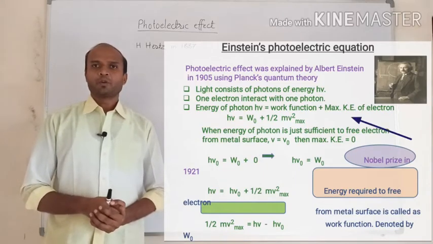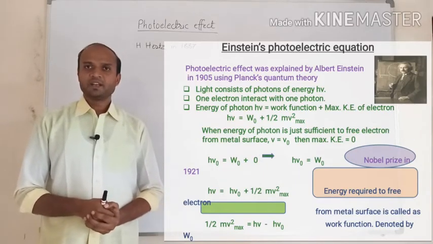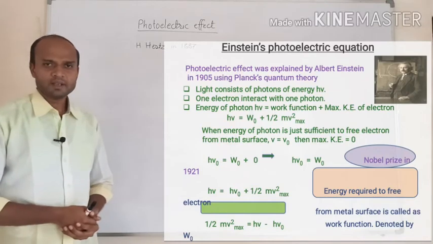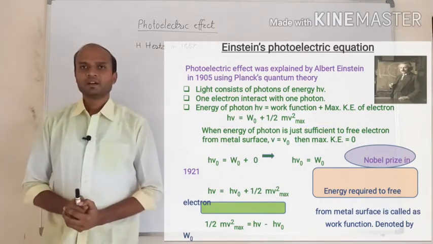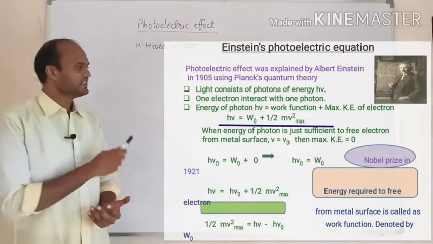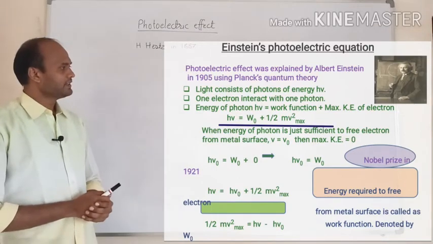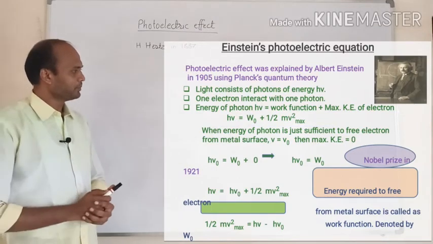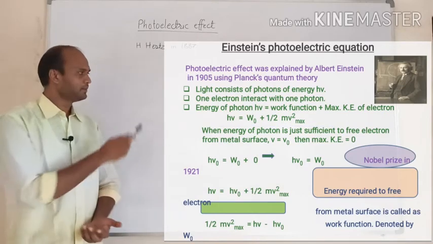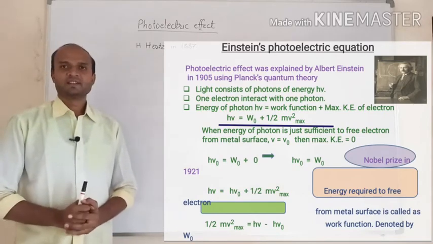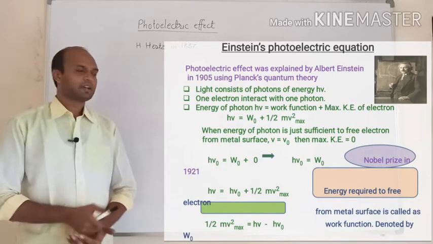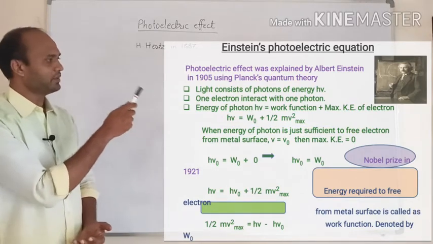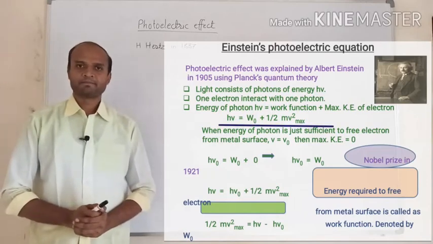So from these assumptions, we can write that the energy of the incident photon, h nu, is equal to the energy required to free the electron from the metal surface, that is the work function W0, plus the maximum kinetic energy. The maximum kinetic energy is half m v maximum square.